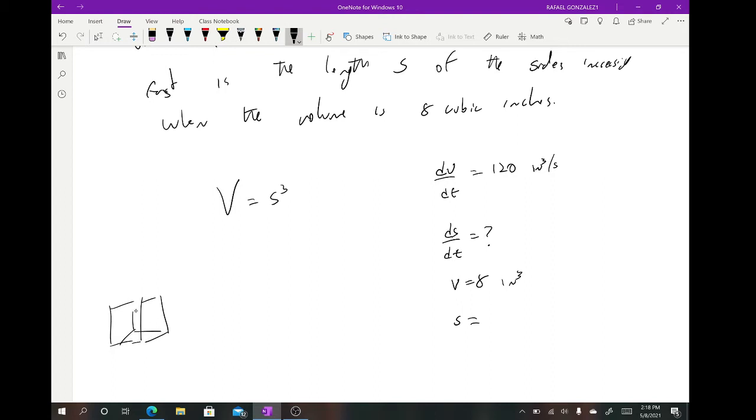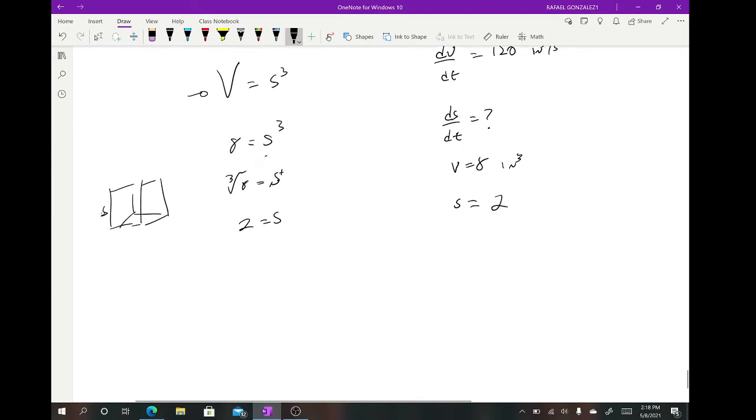I'm given enough information to find it, because the volume is 8. So V up here is 8, and I can solve for s by taking the cube root on both sides. We get that 2 is equal to s. So the length of each side is 2, because 2 times 2 times 2 is 8.